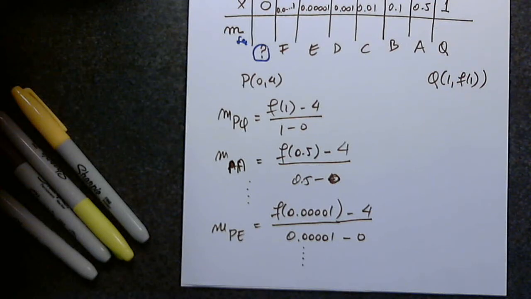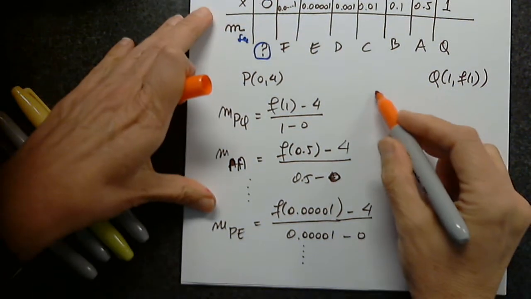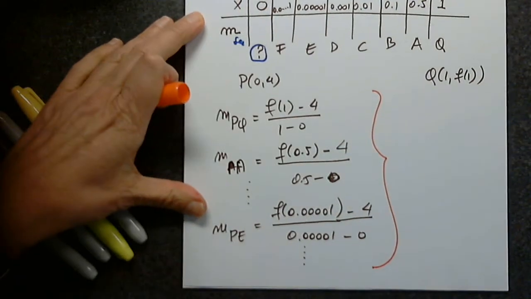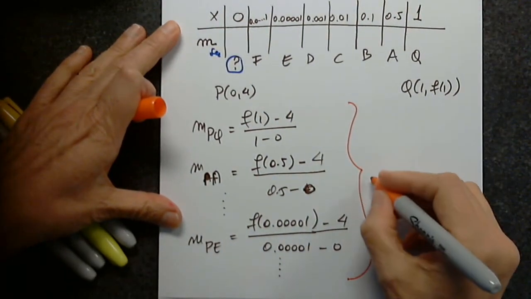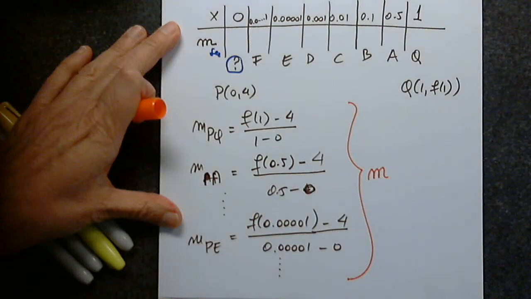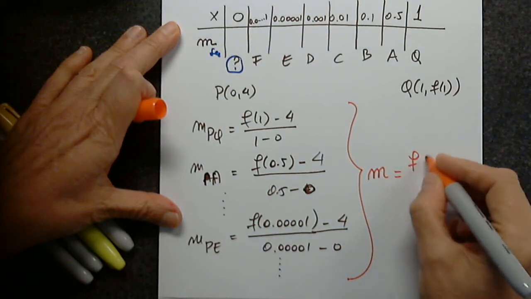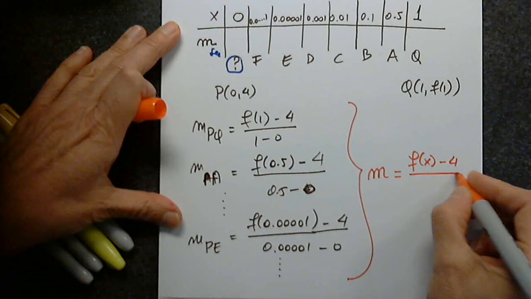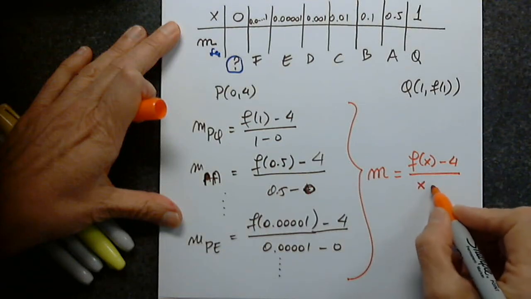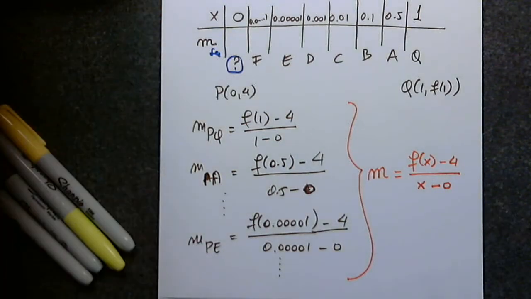So could I create, just because I want to show you how to do this with a calculator, another function which will look like this. So I copied the 4 everywhere. I copied the 0 that I don't even need. I copied the function, and this one is the x as well as here. This one is the x, which is 0.5 as well as here, and so on and so forth.